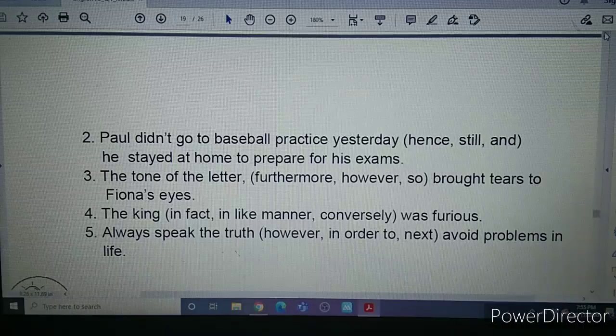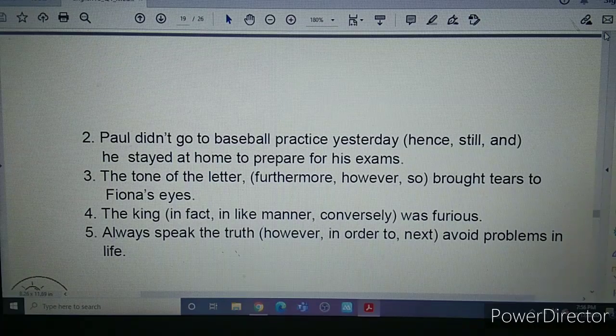What do you think is the correct answer? The correct answer for number 3 is however. So let's continue. Number 4, the king, in fact, in like manner, conversely, was furious. The correct answer for number 4 is in fact.